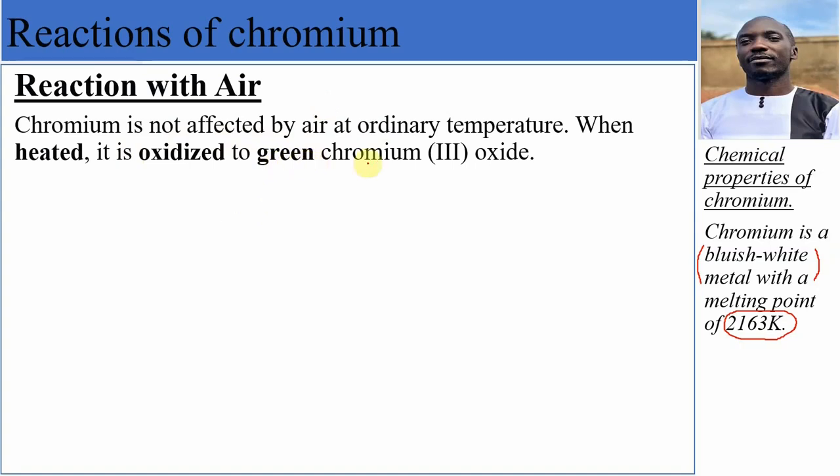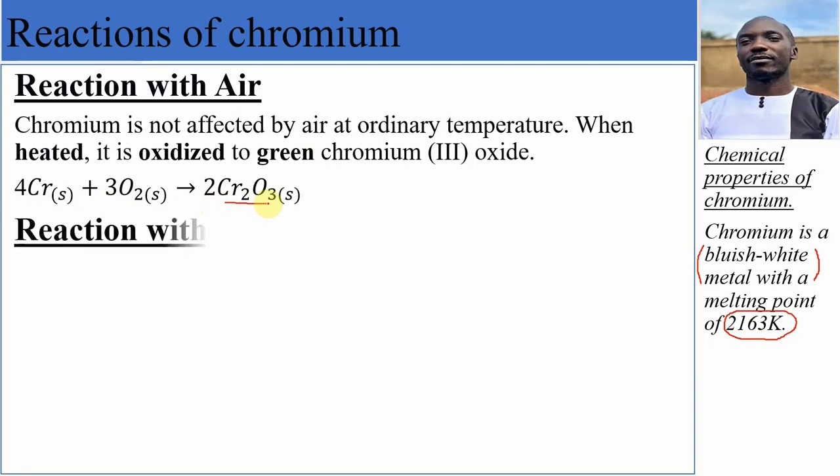So we have chromium, a bluish white metal, reacting with oxygen from air. Then we form a green solid of chromium 3 oxide.